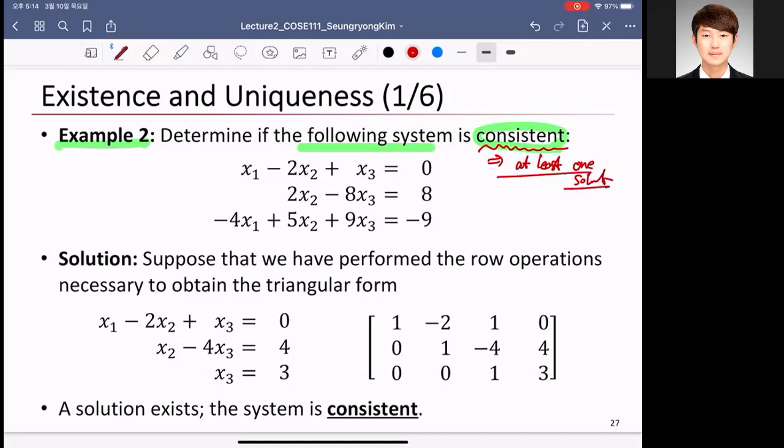Exactly one solution or infinitely many solutions. Anyway, there should be a solution, right?